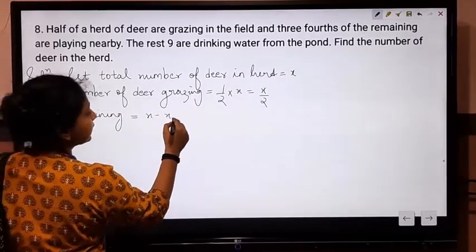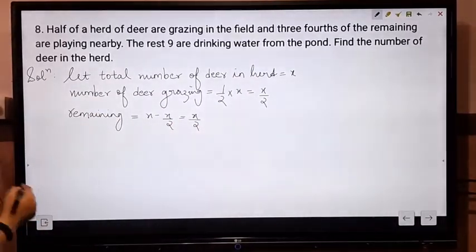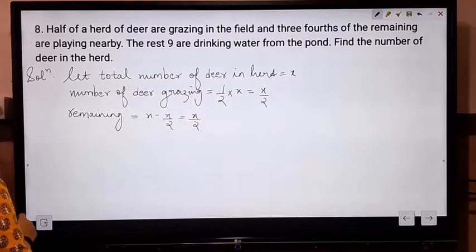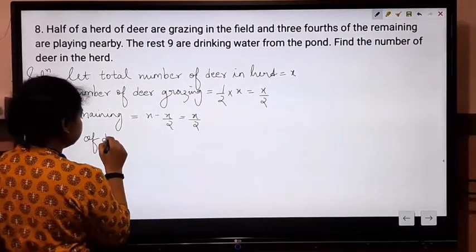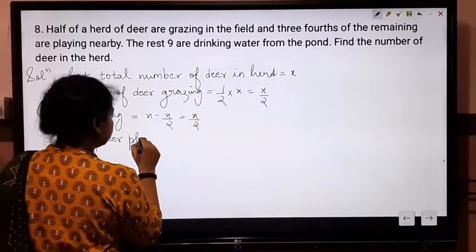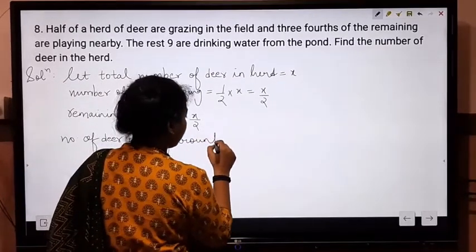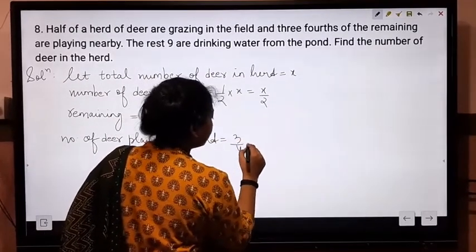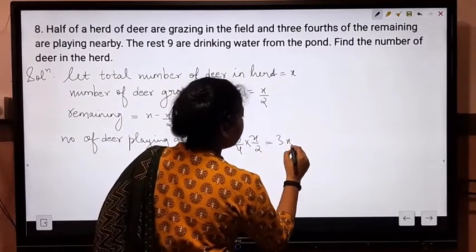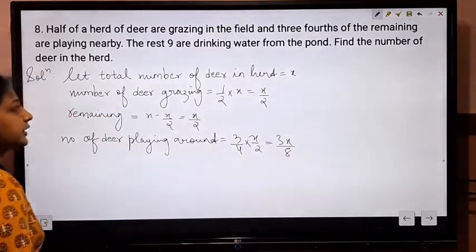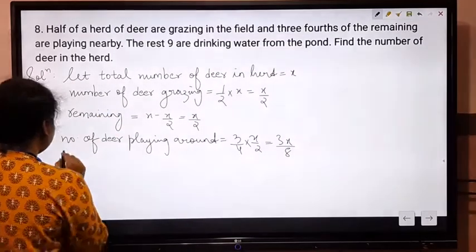Remaining is x minus x by 2. That means x by 2 are remaining, and 3/4 among them are playing nearby. So the number of deer playing around will be 3/4 of x by 2. This implies 3x by 8 deer are playing around. The rest 9 are drinking water from the pond.